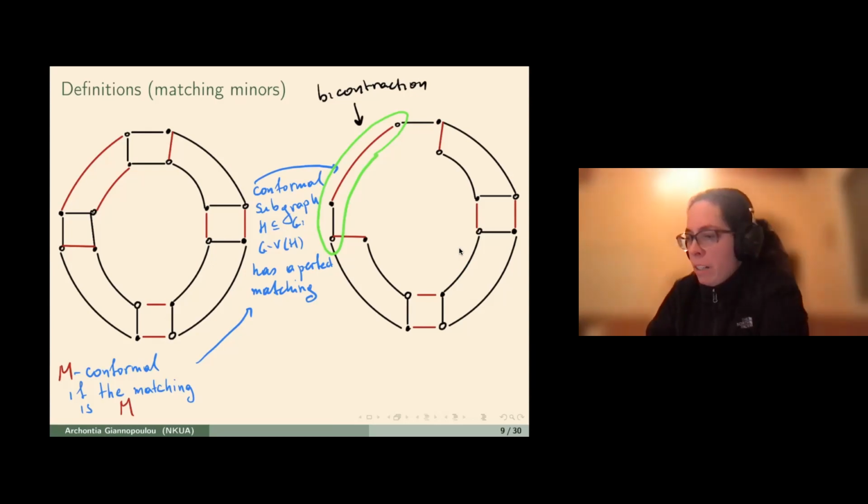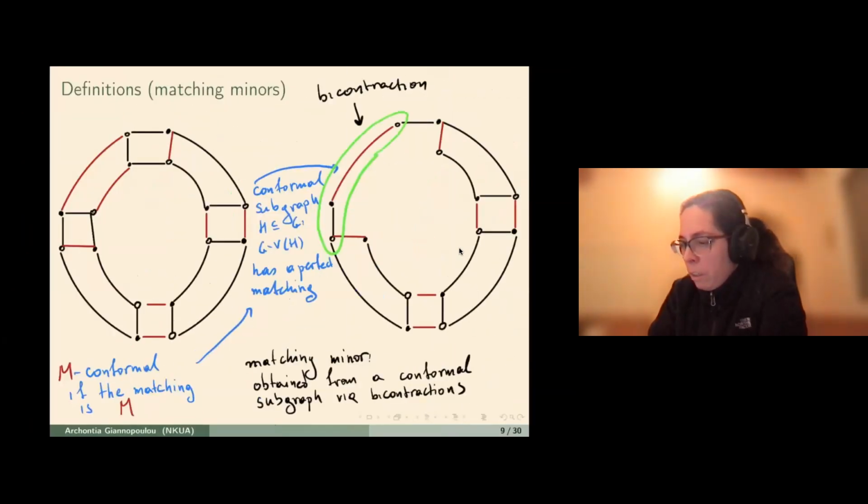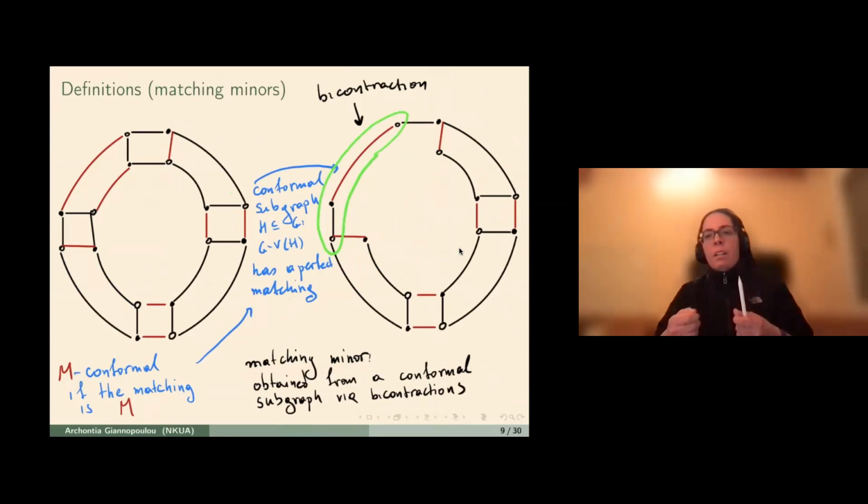Similarly, a graph is a matching minor of a graph if it can be obtained from a conformal subgraph via bicontractions. The reason we need those definitions is that whenever we apply any sort of transformation on the graph, we want this transformation to preserve the fact that the graph contains a perfect matching.